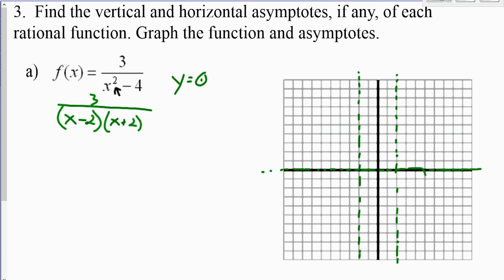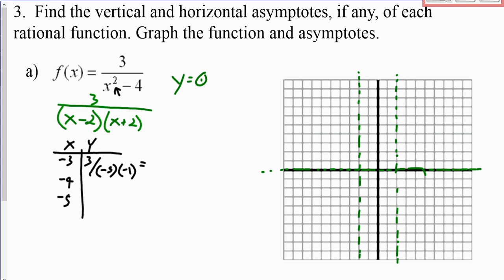So I want to make a table here and figure out what's happening at these graphs. I'm going to think at -3, -4, -5, what's happening as it approaches -2. Well, if I put -3 in there, I'm going to have 3 over -5 times -1, which is equal to 3 over 5.